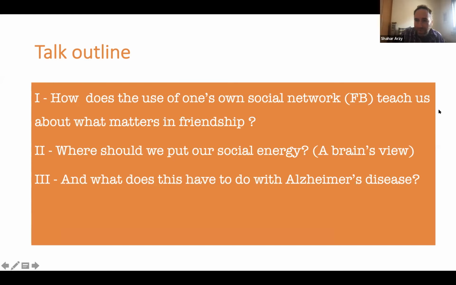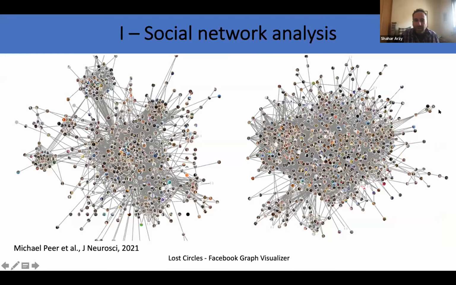So let's start. This is a Facebook network of a real person. With a tool called Lost Circles, one can map the connectivity within this network, with the permission of the user, and cluster it into different groups according to the connectivity.